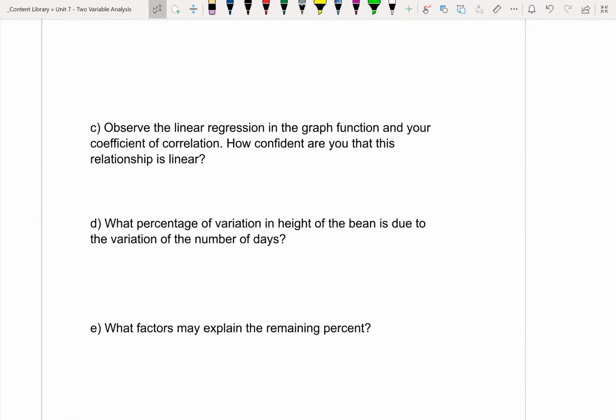If you observe the linear regression in the graph function and your coefficient of correlation, how confident are you that this relationship is linear?